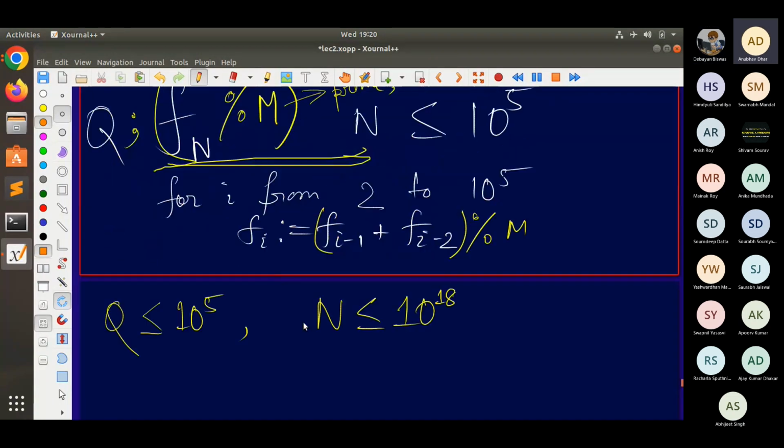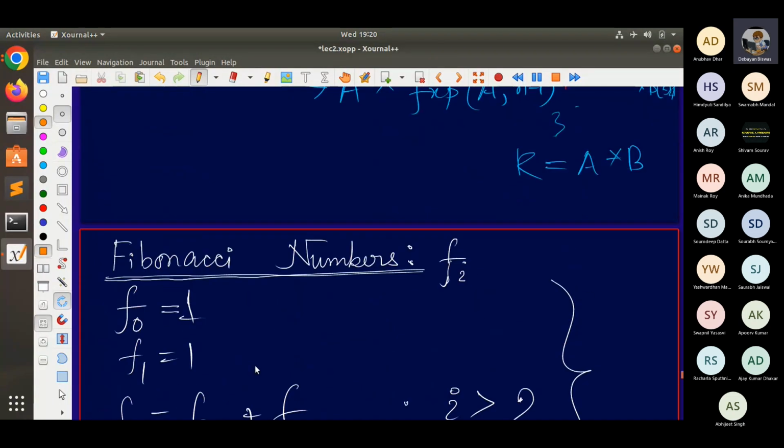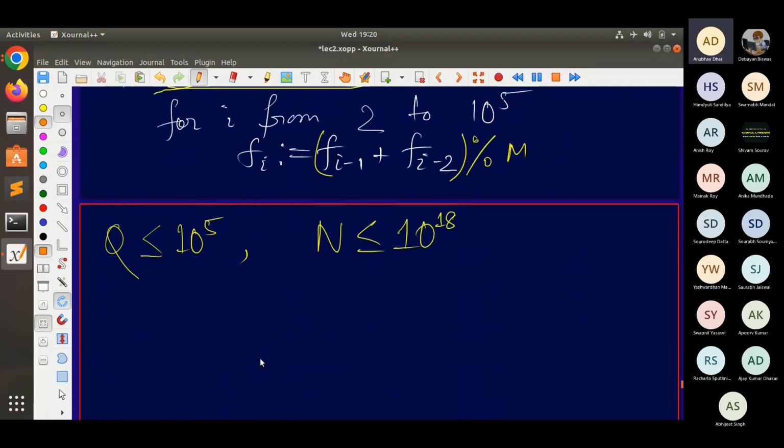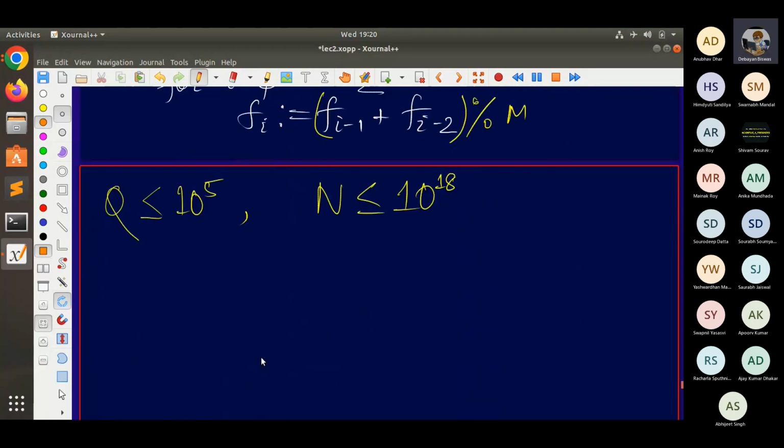New matrix as in? Means there is F1, F2, so we will try to multiply it by a matrix and we will get the next two terms. Exactly. So maybe let's start with F0, F1. Now what you are doing is multiplying something to get F1, F2, right?